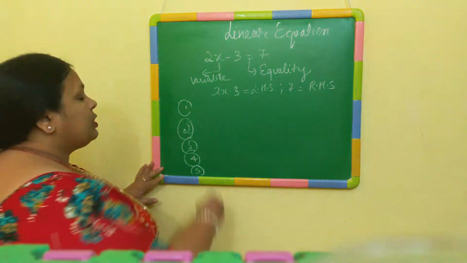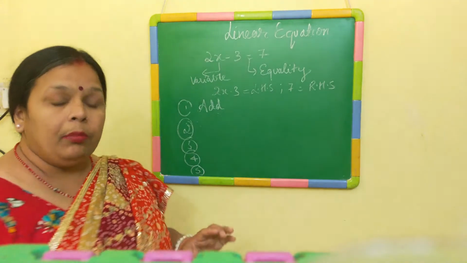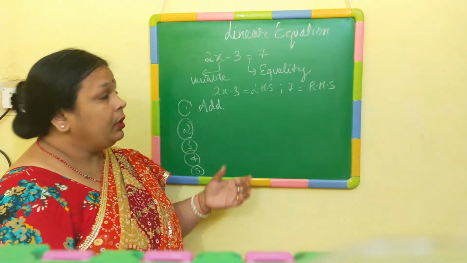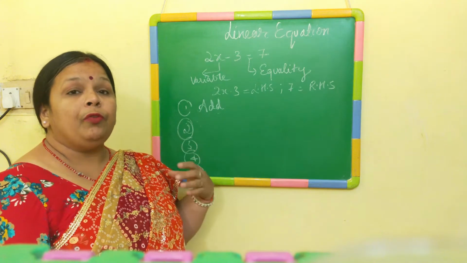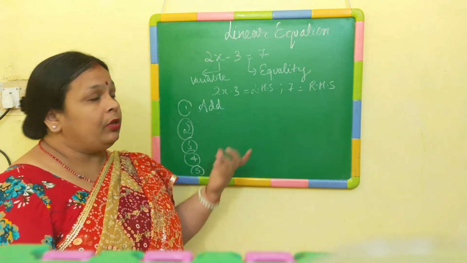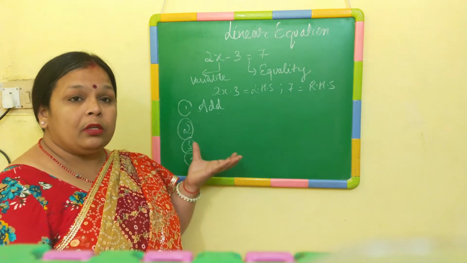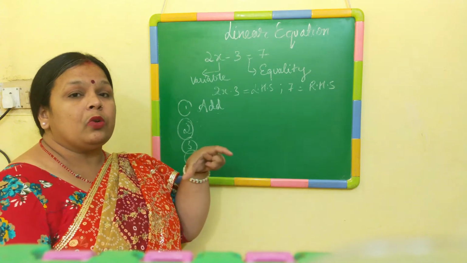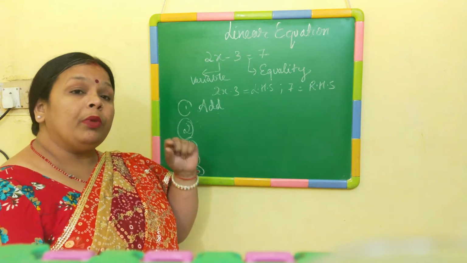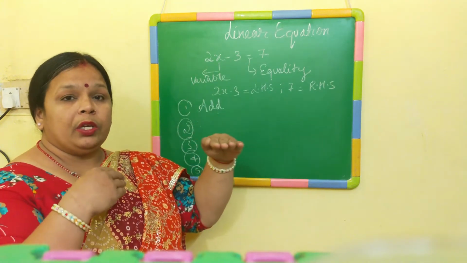The first rule says that we can add a numerical number to LHS and RHS both. See, whenever we do any operation in the case of equality, we are going to balance the equation. Balancing an equation is just like balancing a common balance. If the common balance is already balanced, both sides have equal values.